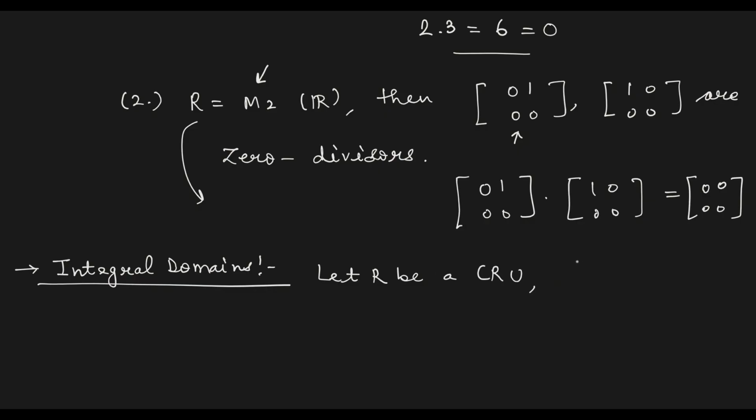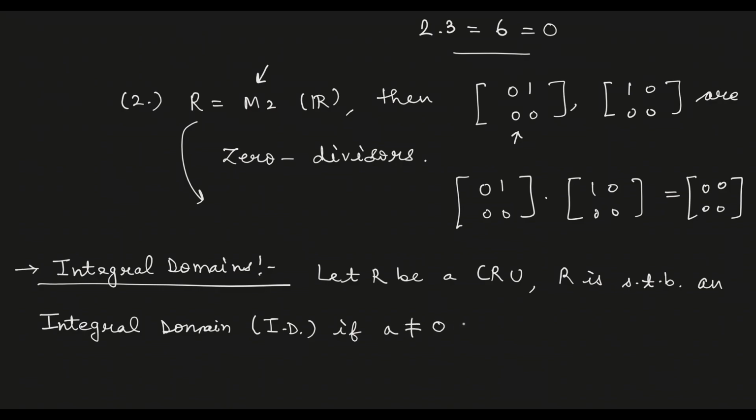R is said to be an integral domain if a is a non-zero element which belongs to ring R and a into b is equal to 0 implies b is equal to 0.